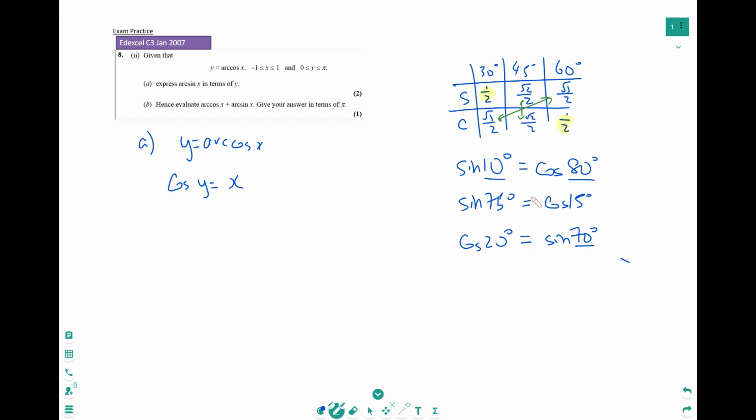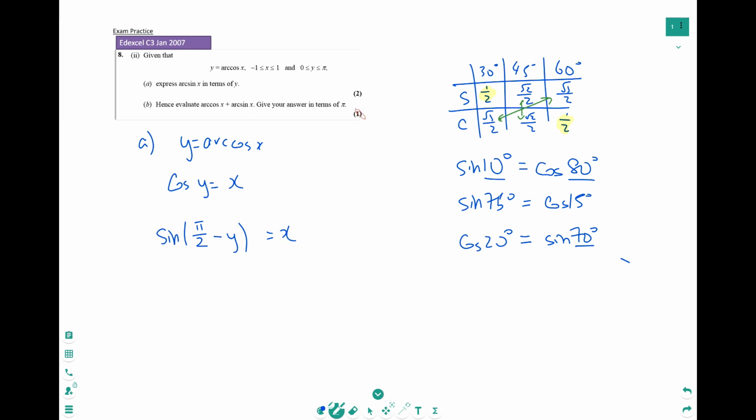Now, if you use that logic in radians, if I have cos y, for example cos 80 degrees, and I want to change it into sine, I can do sine of 90 minus that. But because this question is in radians, we have to rewrite it as sine of pi over 2 minus y, and that equals x. Now, this step is the most important step here, and I've explained it.